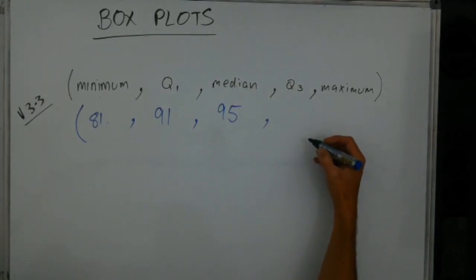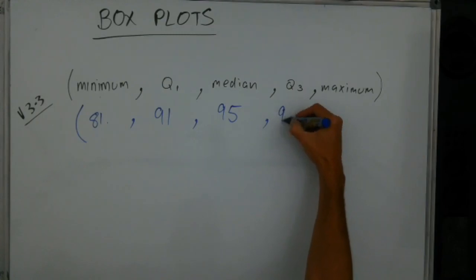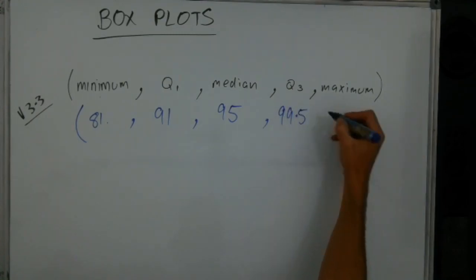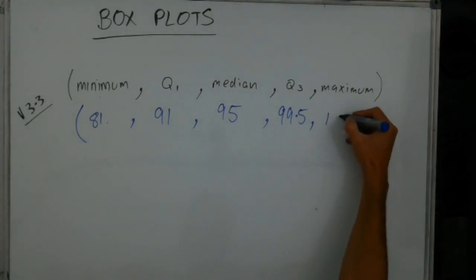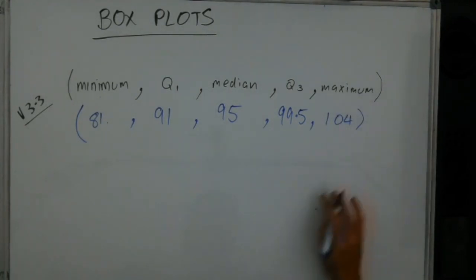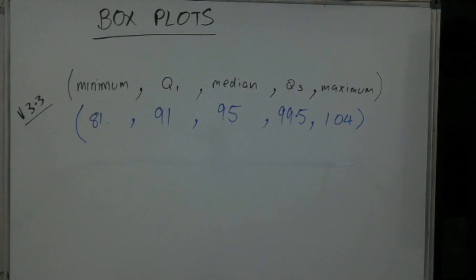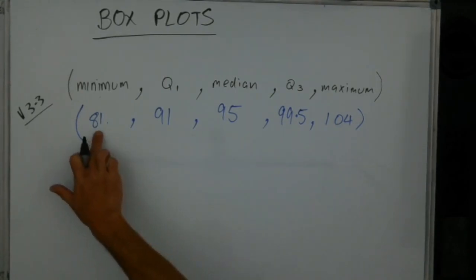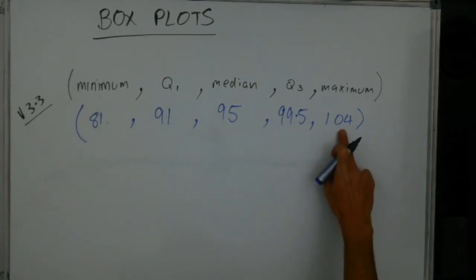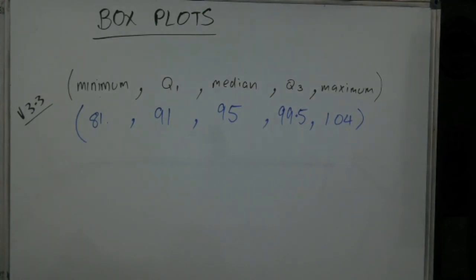Our Q3 was 99.5 centimetres. And our maximum value was 104. These are just numbers that we've previously worked out. We've added on the smallest and largest.